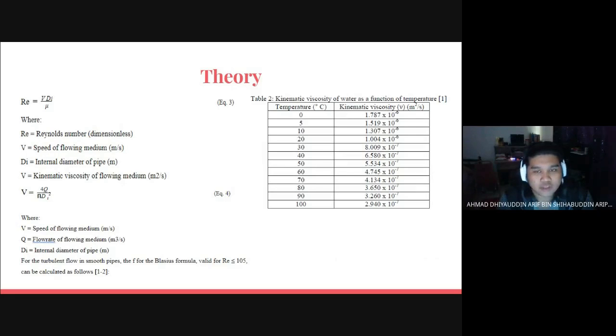For the kinematic viscosity, we can see its value according to its temperature in Table 2. For the speed of the flowing medium, we can calculate using the formula in equation 4, where Q is the flow rate of the flowing medium in meters cubed per second, and Di is the internal diameter of the pipe in meters.